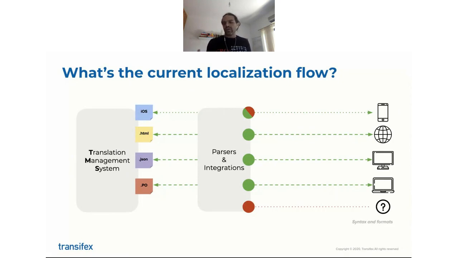Those two contents have a different syntax and a different set of metadata. So all this information ends up in the TMS without the ability to relate the two, because they both support different things. So this is the sum of the problem with the current localization flow.